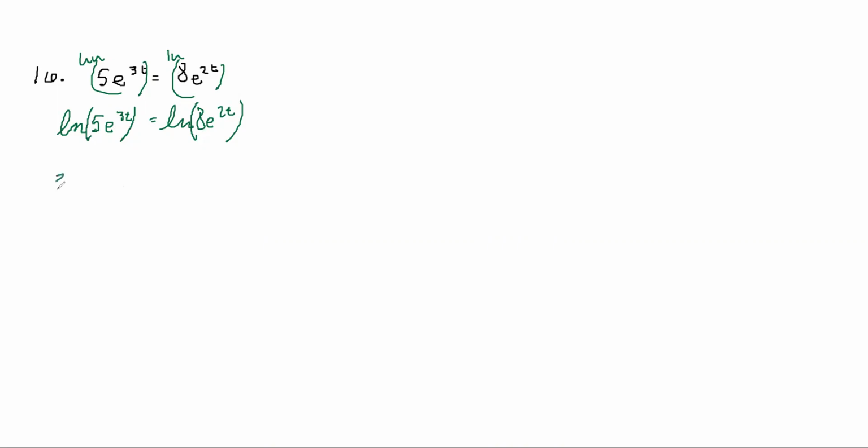So we can call this 3t times the natural log of 5e, and this is going to be 2t times the natural log of 8e. Sometimes putting the parentheses in where they need to be can help determine exactly what's up here. Okay. What is next?